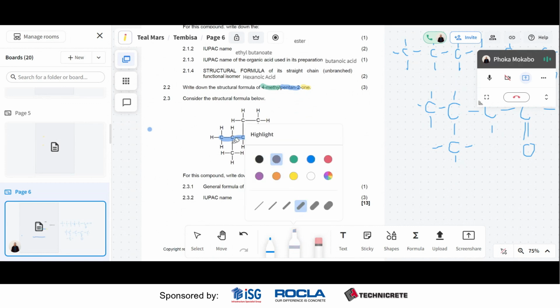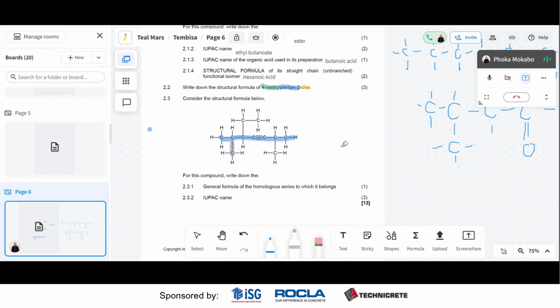Now, the first branch is that one. In position 2, you have a branch, potentially position 3, which is an ethyl branch, and you potentially have another branch in what could be position 6.